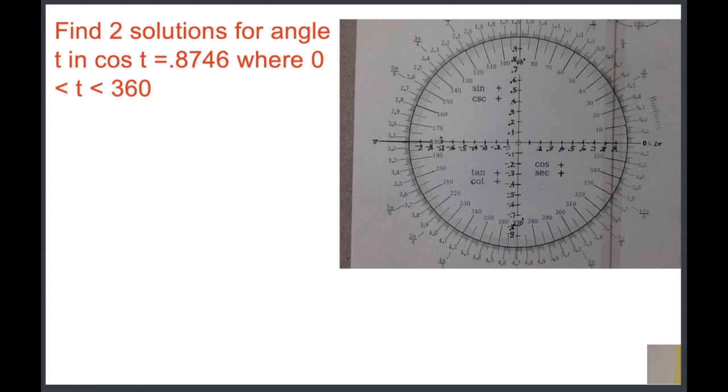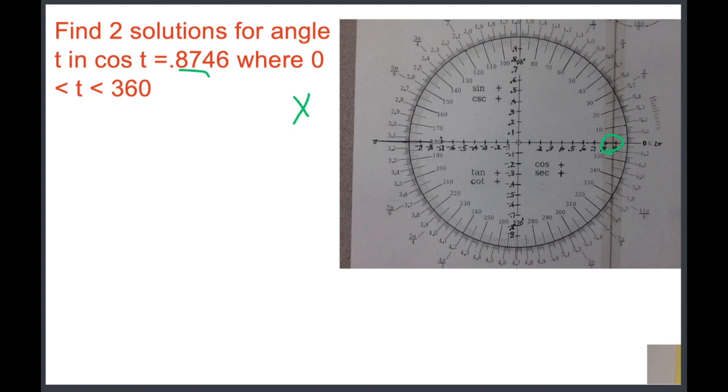Now, another name for cosine is x. So we look on the x-axis here, and right about in here is 0.8746. Obviously, I can't be right on the mark.